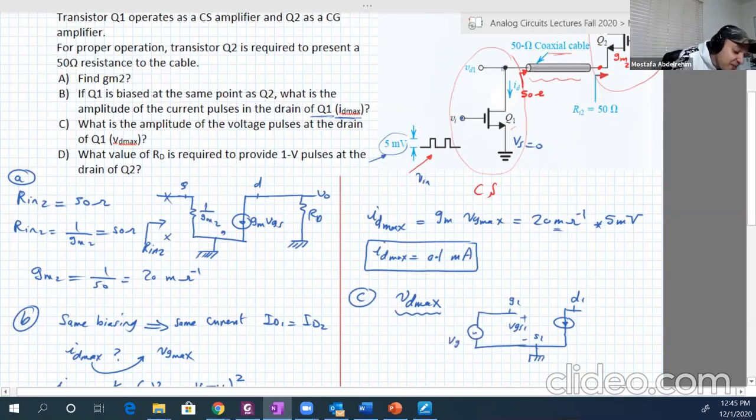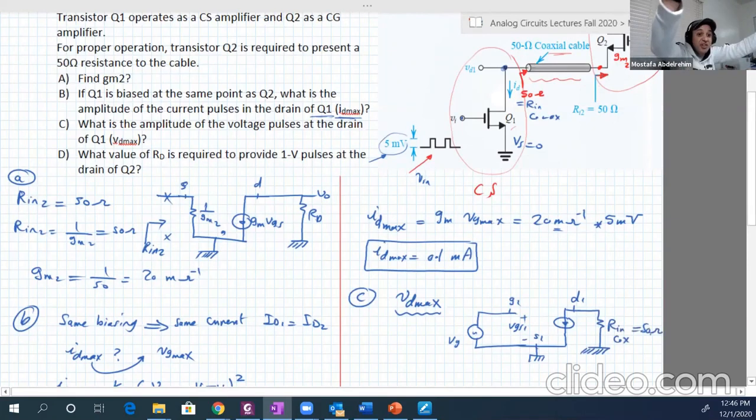Now, between the drain and the ground, we see the input resistance of the coaxial cable, which is 50 ohm. So we can just remove the coaxial and the second stage and put just 50 ohms. And now what's required is VD1 max, because again, we are talking about the first stage.